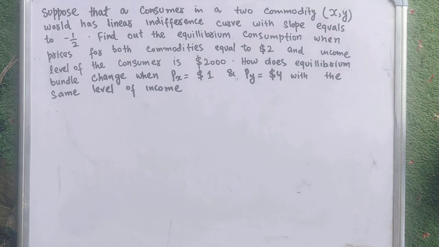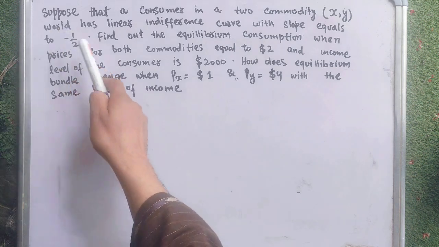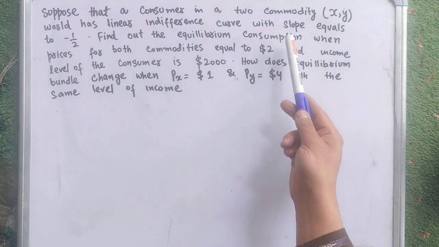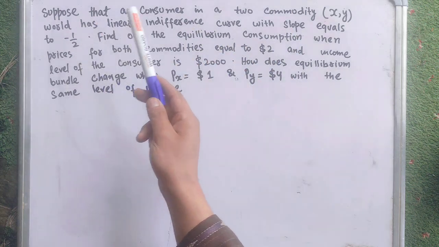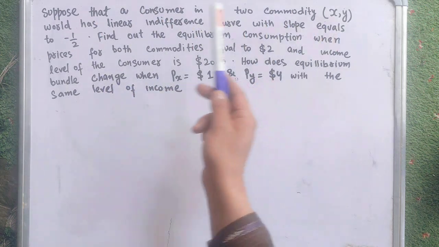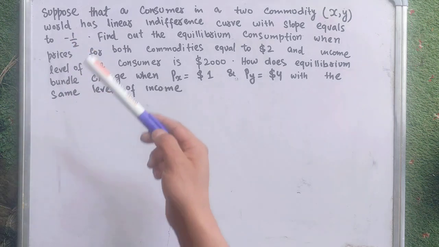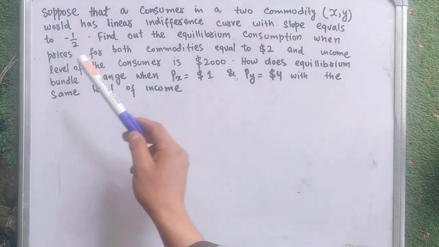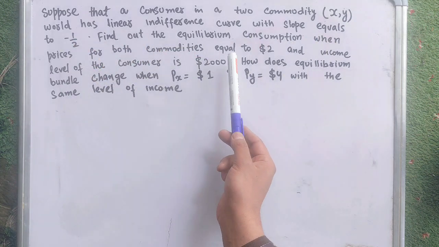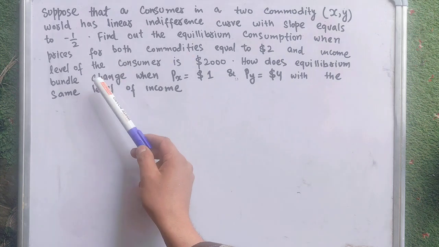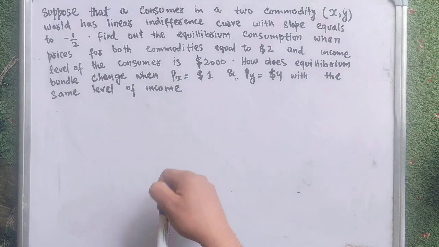How to find out the optimal consumption bundle in case of linear indifference curve? The question is, suppose that a consumer in a two commodity world has linear indifference curve with slope equal to -1 upon 2. Find out the equilibrium consumption when prices for both commodities equal $2 and income level of the consumer is $2,000.